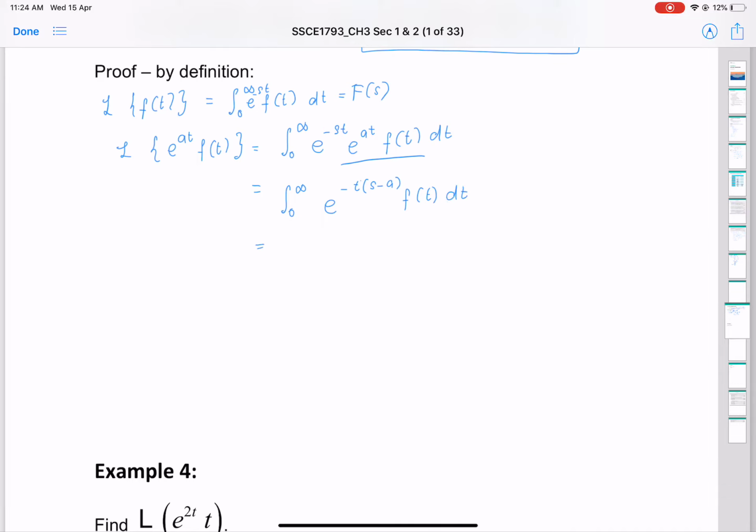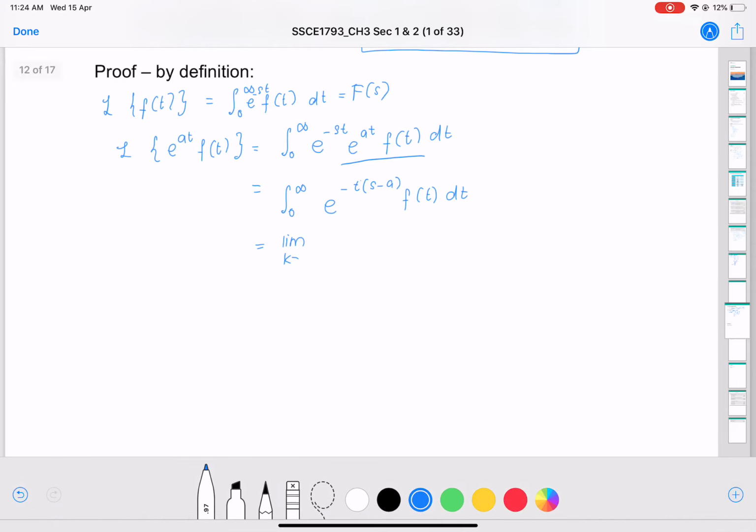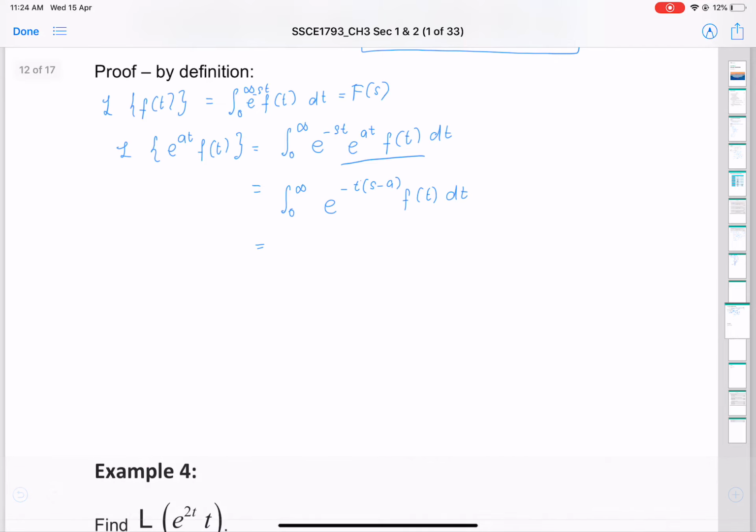Okay, so this is improper, so we have a limit, but no need actually. So this is equal to the integral from 0 to infinity of exponent negative pt multiplied by f(t) dt, where p is equal to s minus a, right?